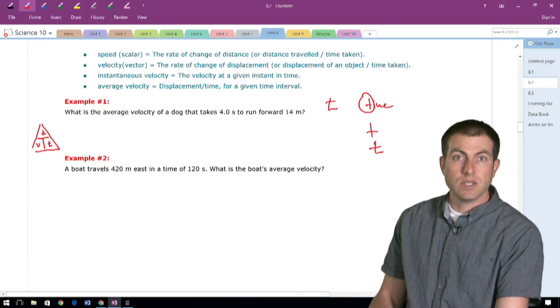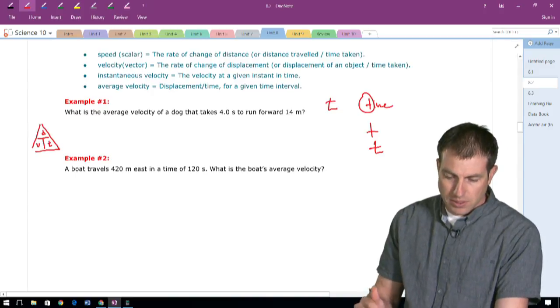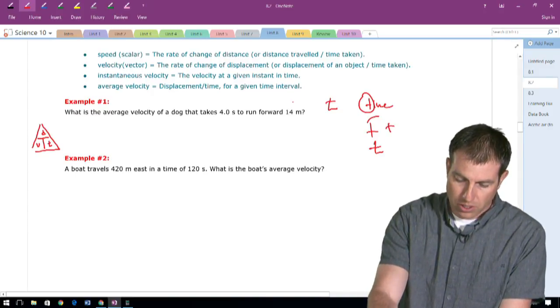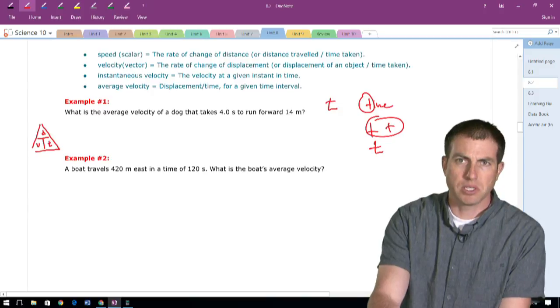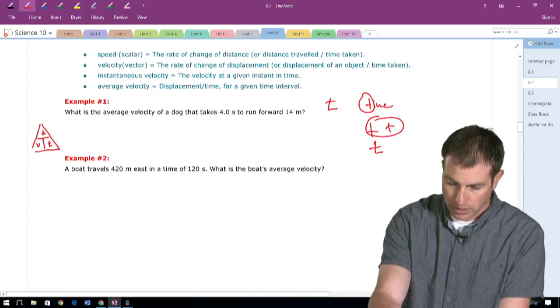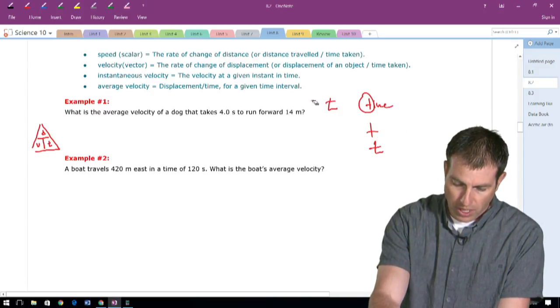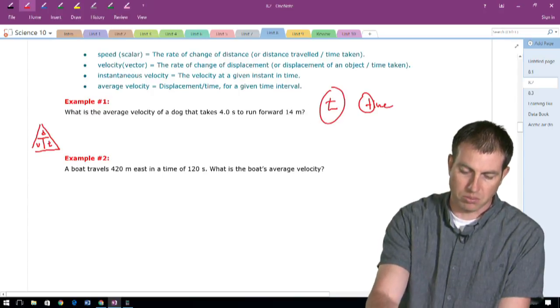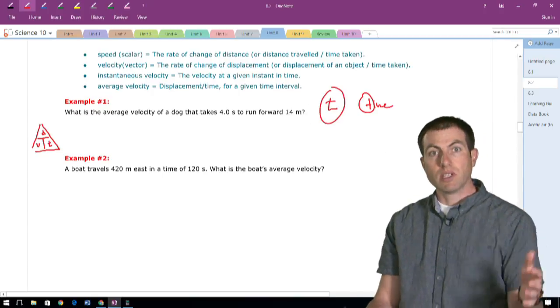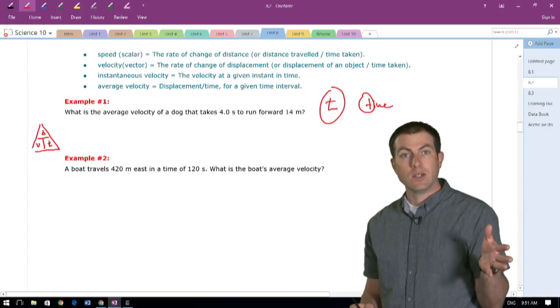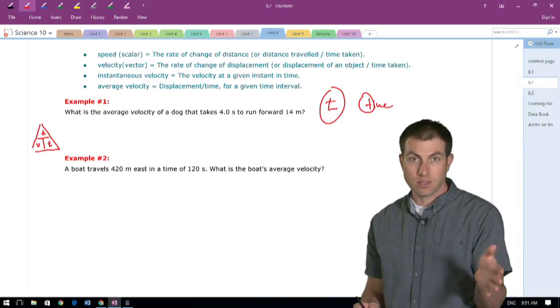Because in physics, plus signs and T's start to look very similar. Especially when your writing is as messy as mine, it's a good habit to get into to write your T's with a bottom on them like that. Just so you're never confusing the letter T with a plus sign, because they look the same.